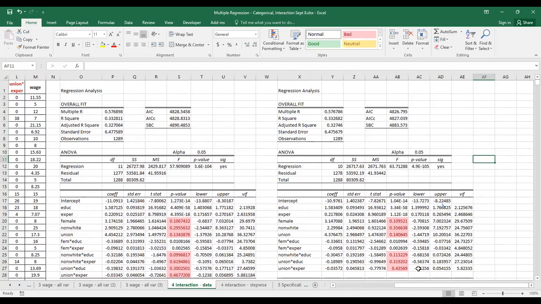Ang tatanggalin dyan si pinakamalaking p-value, si union times experience. So until such time guys na lahat ng natira will be significant. Alright? So that will be your assignment for next meeting, sorry guys for extending. Popost ko itong ginawa natin, pero ituloy nyo yan, i-compare lang natin guys kung ano yung final model.